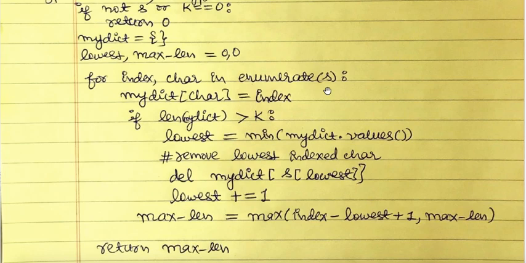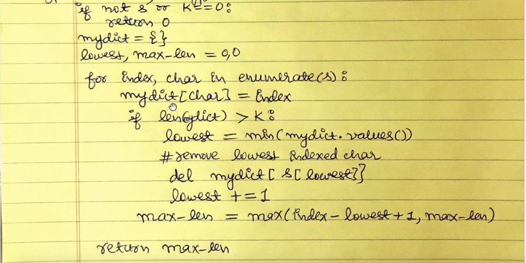So index is the index of the element, and char is the character at that index for us. So we iterate through the string s, getting index comma character using enumerate. So enumerate(s) gives us a tuple of values, where the first value is the index, and the second value is our character.